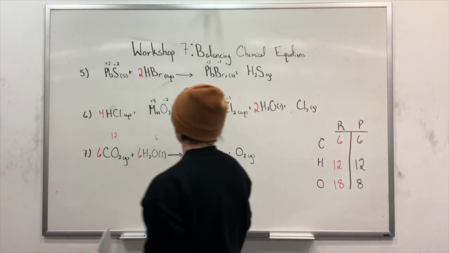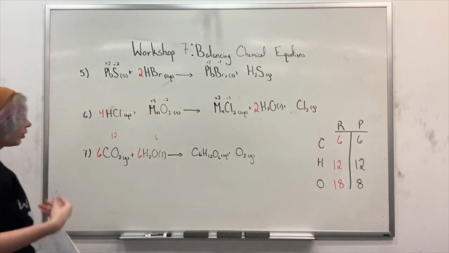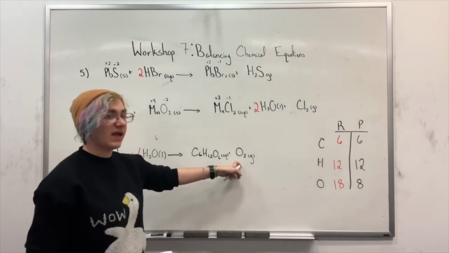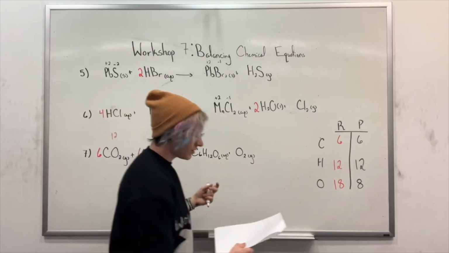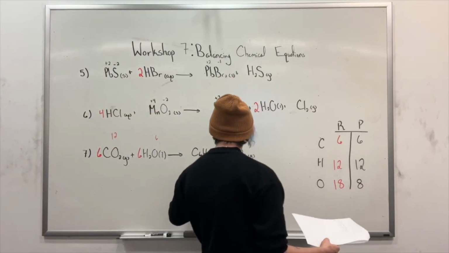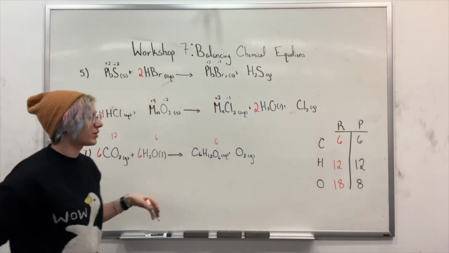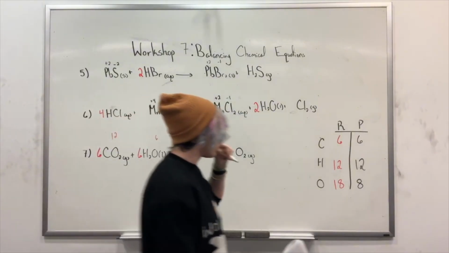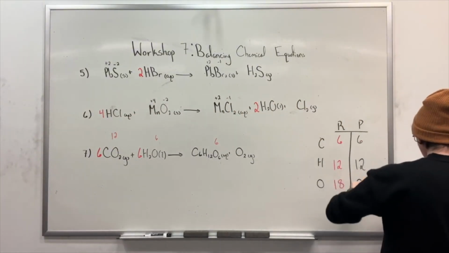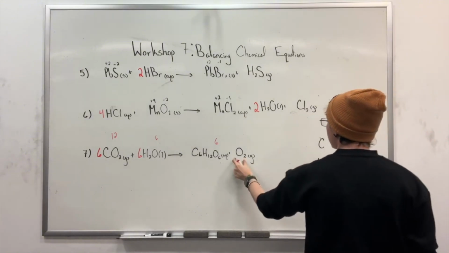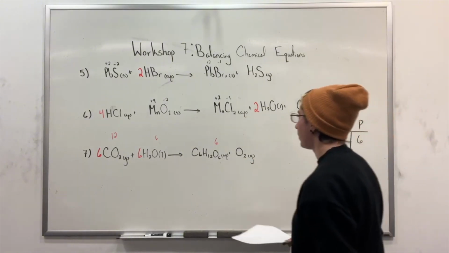It's just going to be a little bit trickier to know how to multiply this to get from 8 to 18, because there's not a clear number involved. So the main thing to focus on is that 6 of these oxygens are coming from our glucose. That's 6 oxygens that we know are not going to be affected. So really, we can ignore the fact that there is 8 of them and focus on the fact that we have 2. And we could set this up like a math problem.